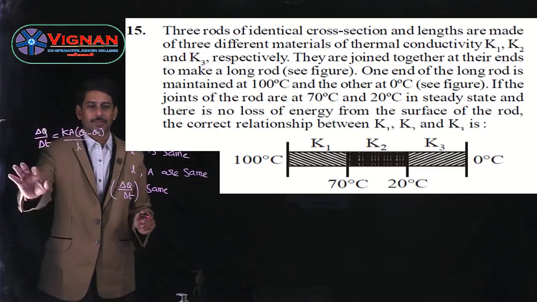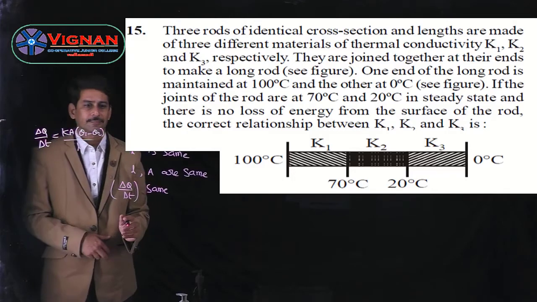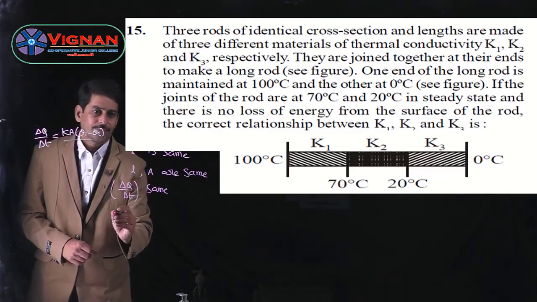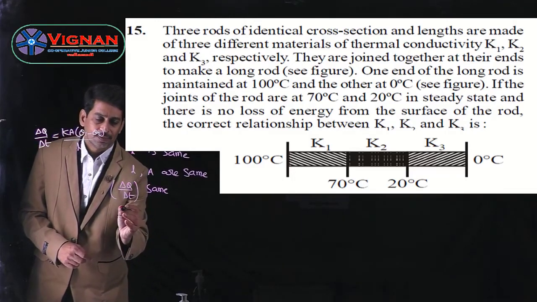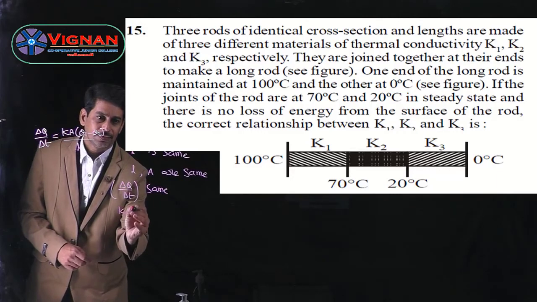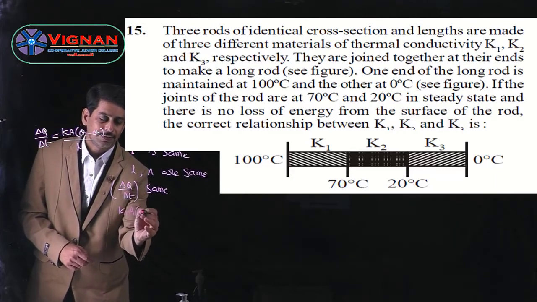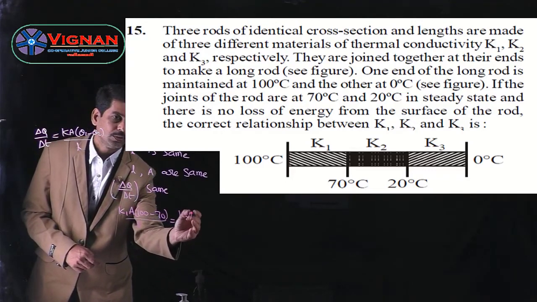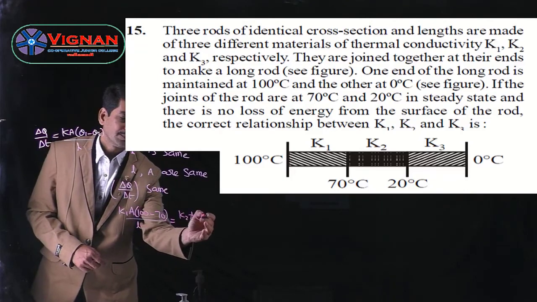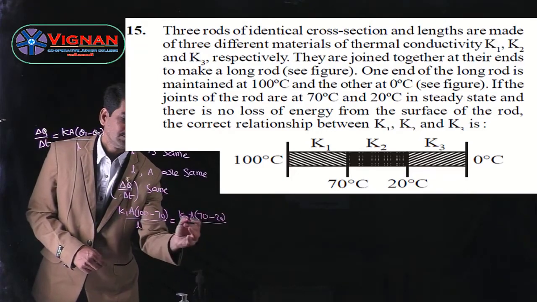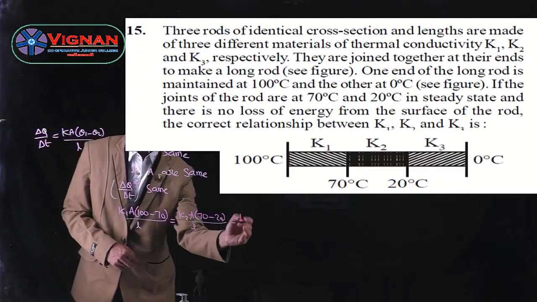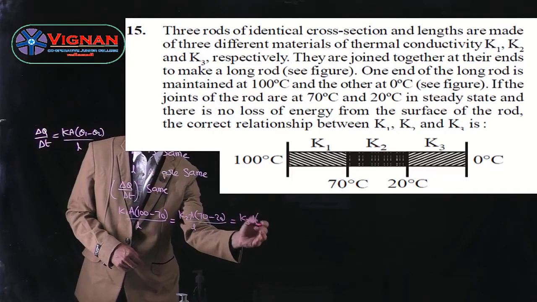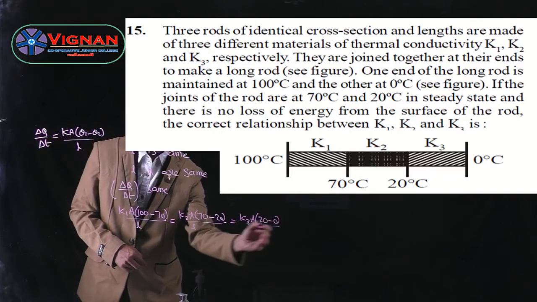So applying this formula to the 3 rods, we get K1 A (100 − 70)/L = K2 A (70 − 20)/L = K3 A (20 − 0)/L.